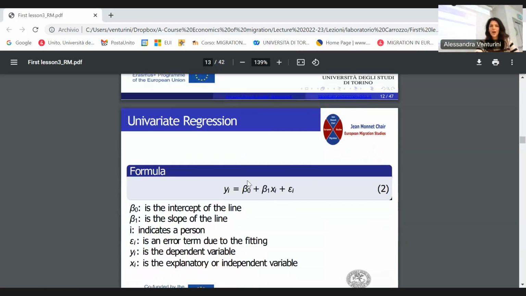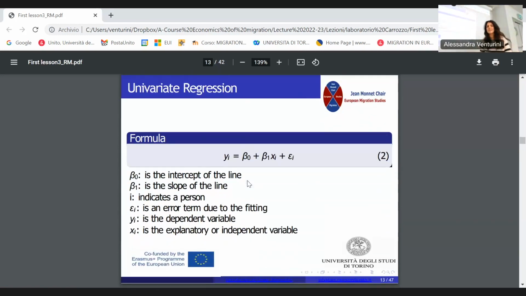Okay, this is the formula. This is the dependent variable or outcome. This is the independent variable or explanatory variable. This is our coefficient, and B0 is the intercept of the line.